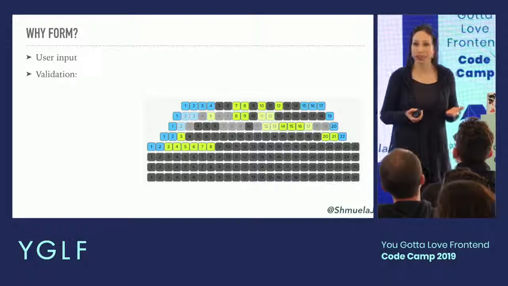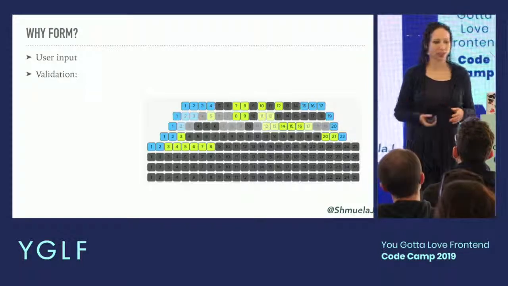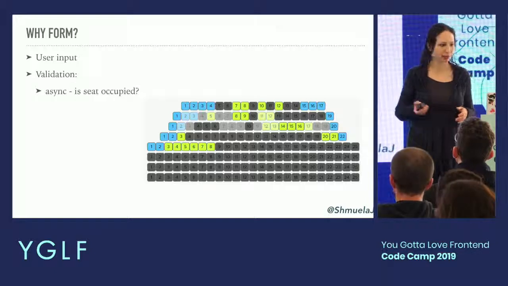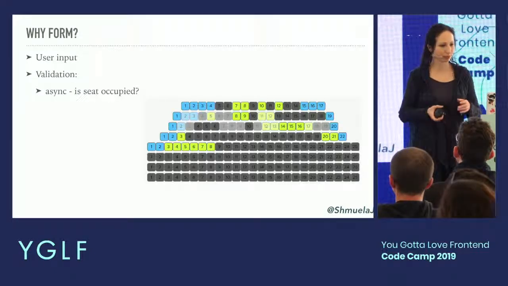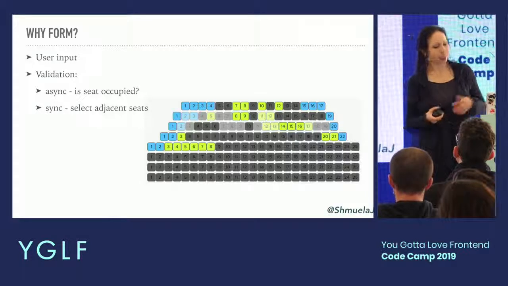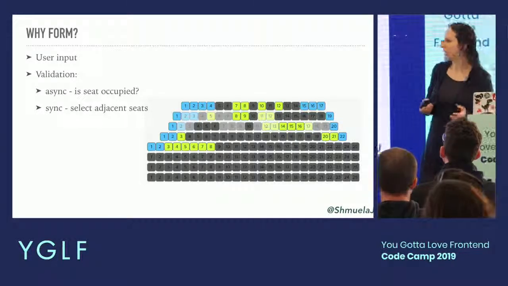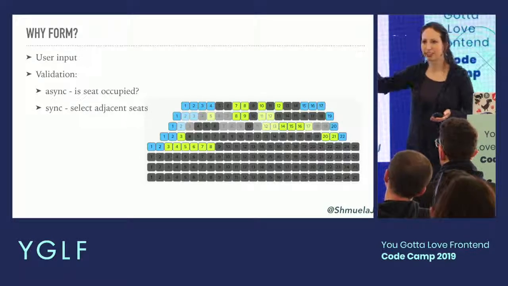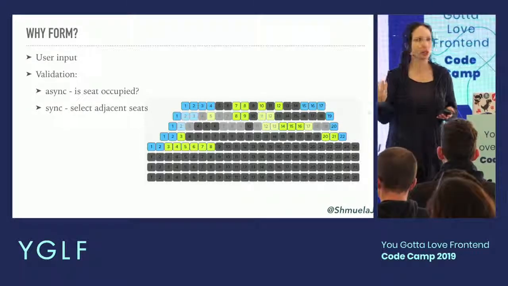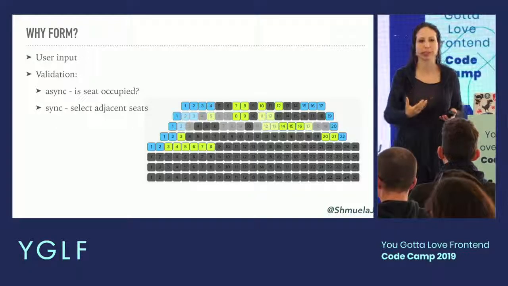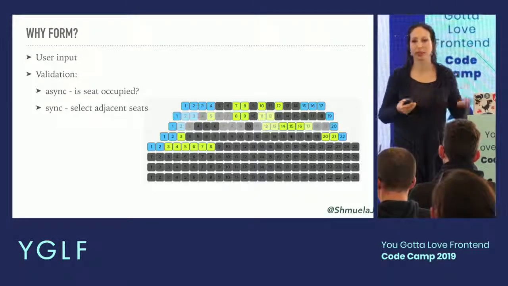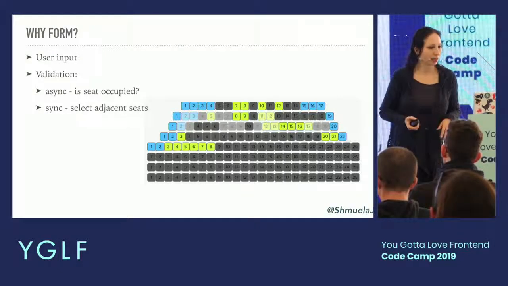I mentioned there's validation. So the validation that we saw, and also we can have another type of synchronous validation. If the user selects seats that aren't adjacent, like leaves a gap, and we don't want that, we can also do a regular client-side validation on that. So that's very easy with forms.